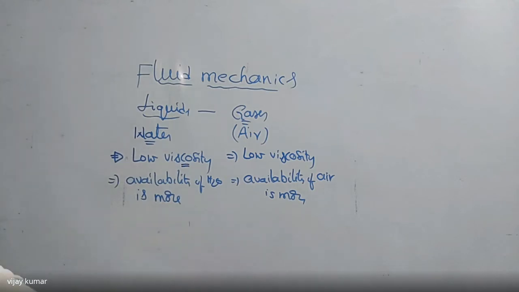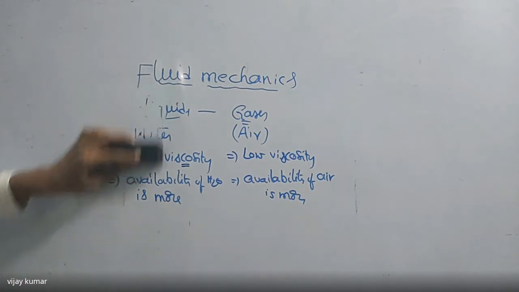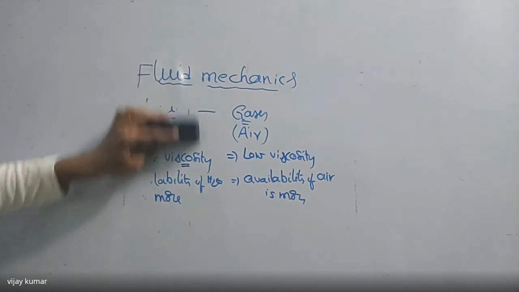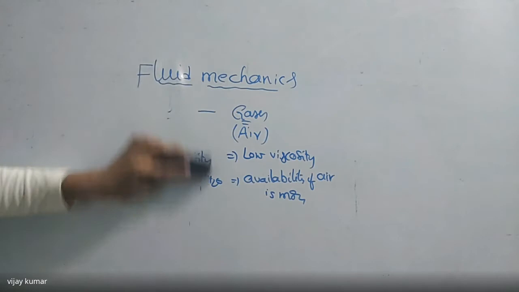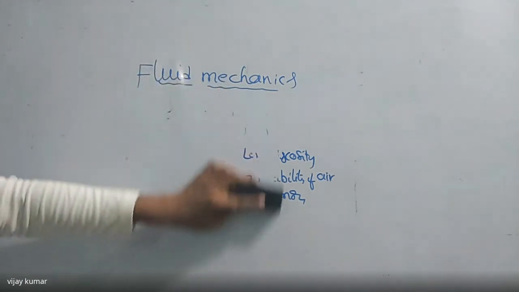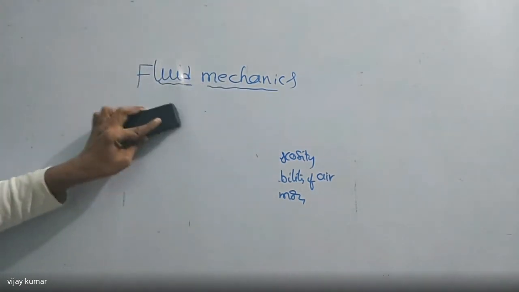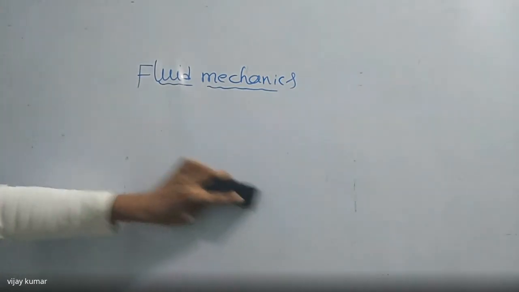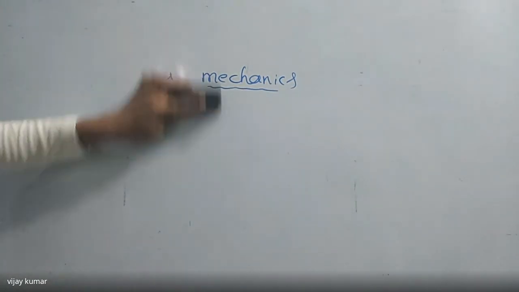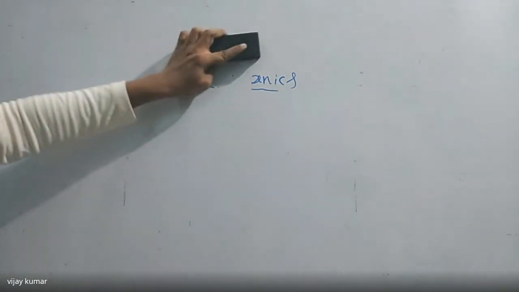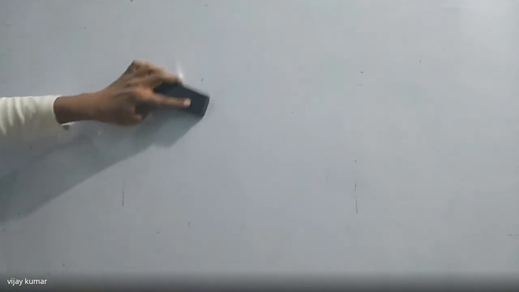Now I'm going to give the basics of fluid mechanics, which is also named fluid properties. That is chapter number one. This is very important. In this chapter, only three properties are very important in any competitive exam. The remaining are very simple, easy to understand, and we can solve the problems very easily.